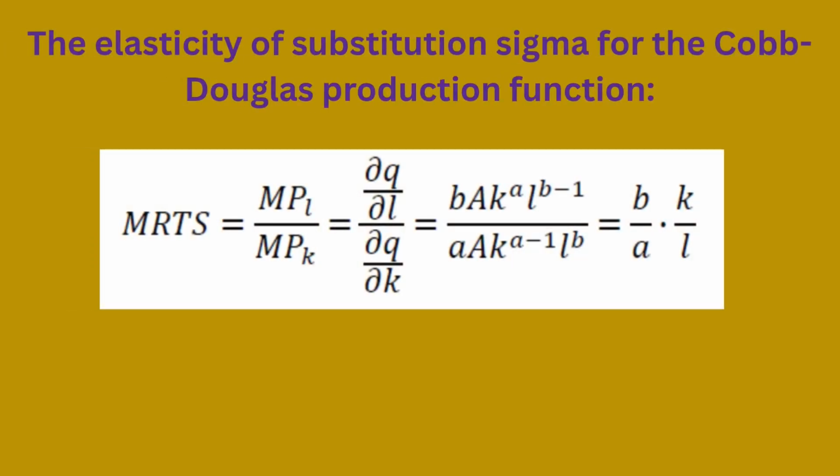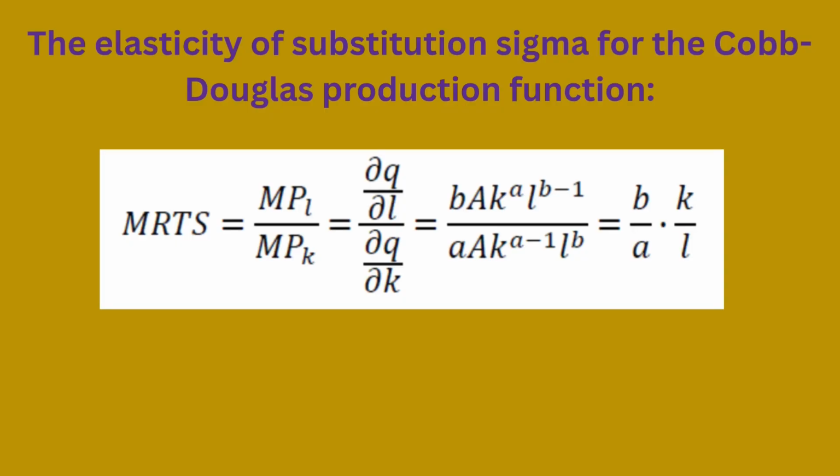the proof starts with the MRTS, which is the marginal rate of technical substitution. The slope of this isoquant is the ratio of the marginal products. Let's calculate the marginal product of labor, which is the partial derivative of Q with respect to L. And next, the marginal product of capital.